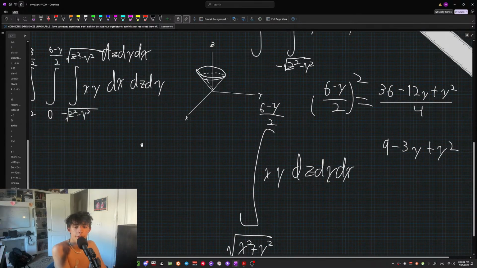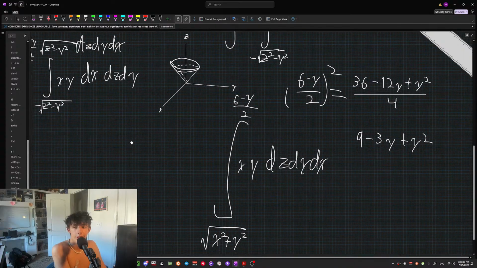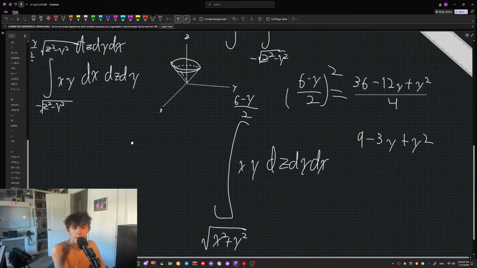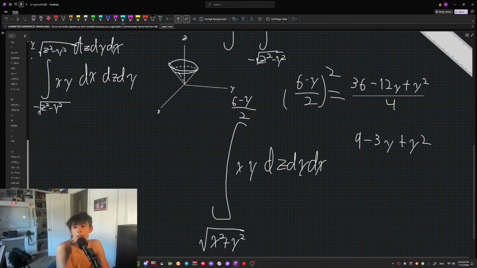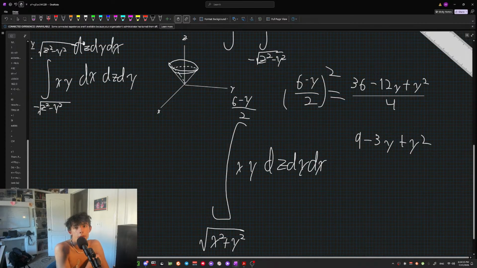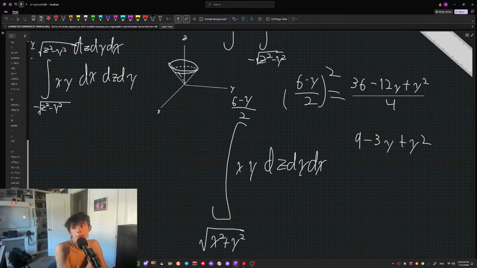That equals z, or that's where z technically meets. So y squared minus 3y plus 9. So that's 1.5, and that's 2.25. 3 halves, that's 9/4.